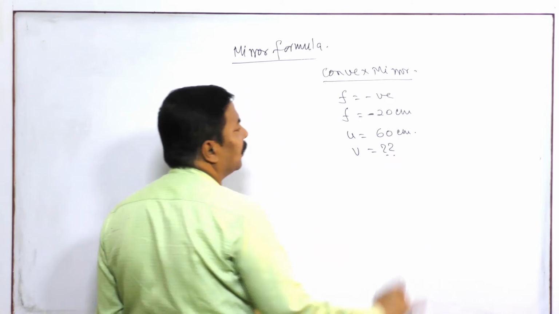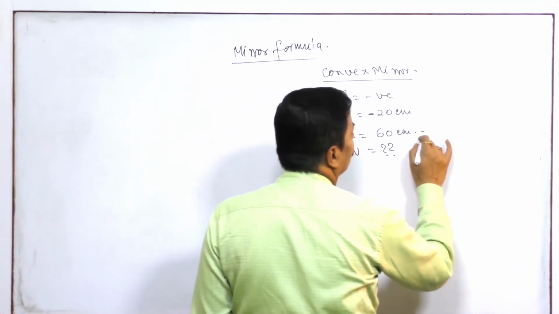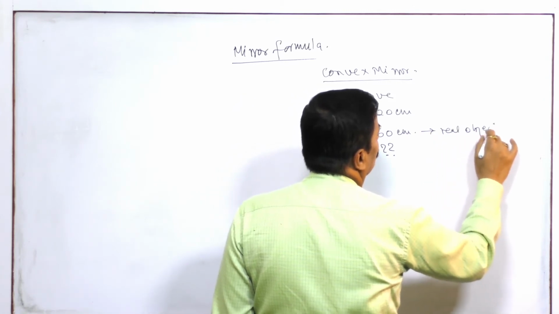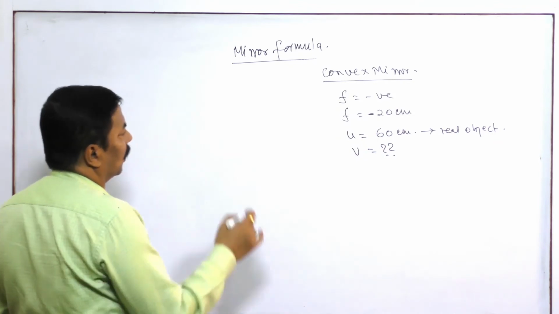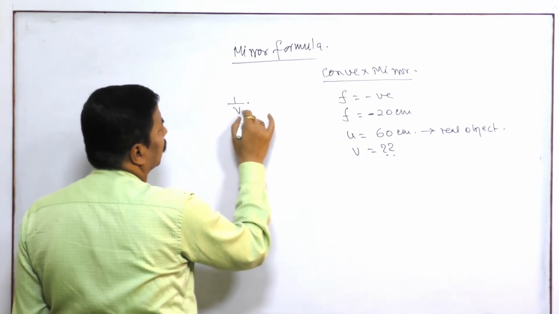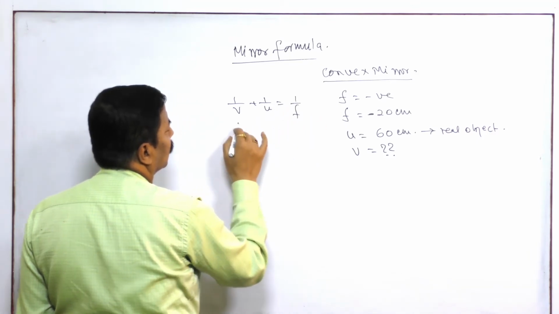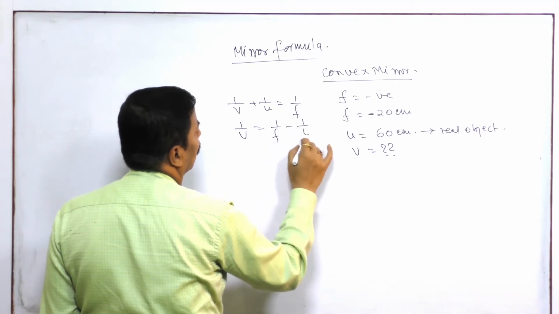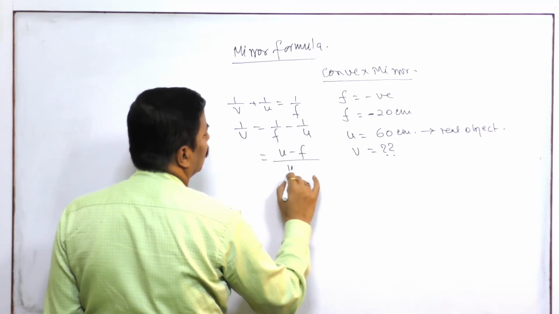So again, the object is real. When the object is real, 1 by v plus 1 by u is 1 by f. So 1 by v is 1 by f minus 1 by u, so u minus f by uf.